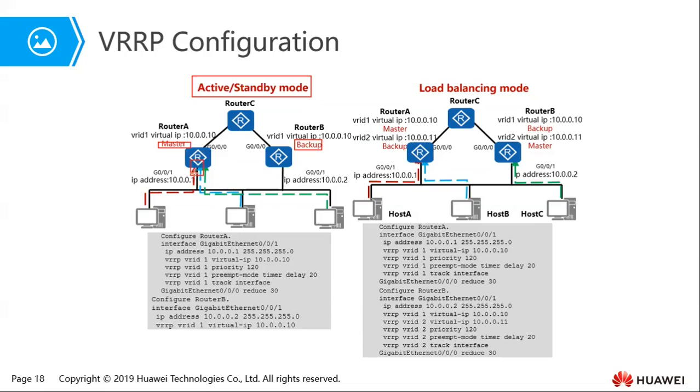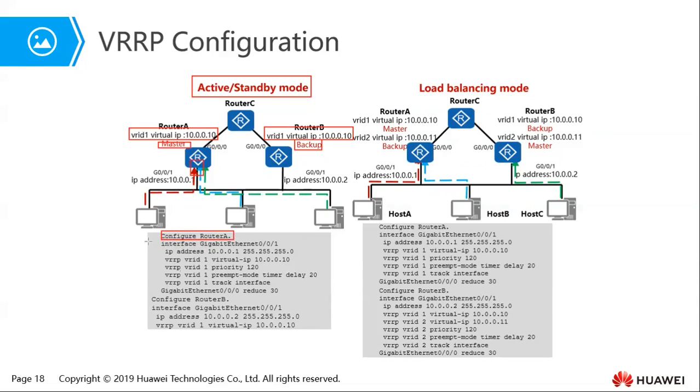So all traffic is going to pass through router A. We are going to configure it with a VRID of 1, meaning the group ID is 1, and the virtual IP is going to be 10.0.0.10.